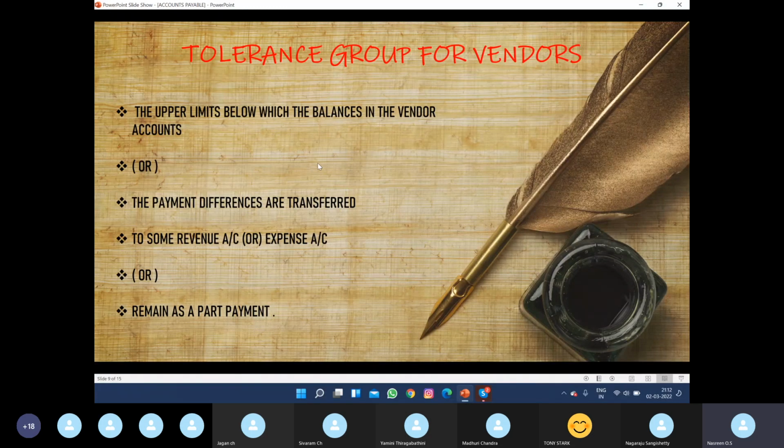Let's say there is Mr. A. Mr. A is one of the vendors of a company. Mr. A being a vendor, we have to pay him 10,000 rupees because of some of the transactions that we have with Mr. A. These 10,000 rupees we have to pay on a particular date, but we have paid these 10,000 earlier than the date.